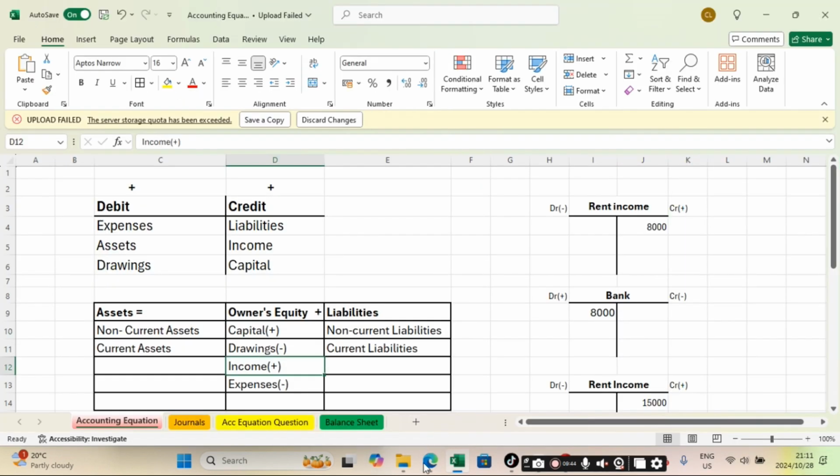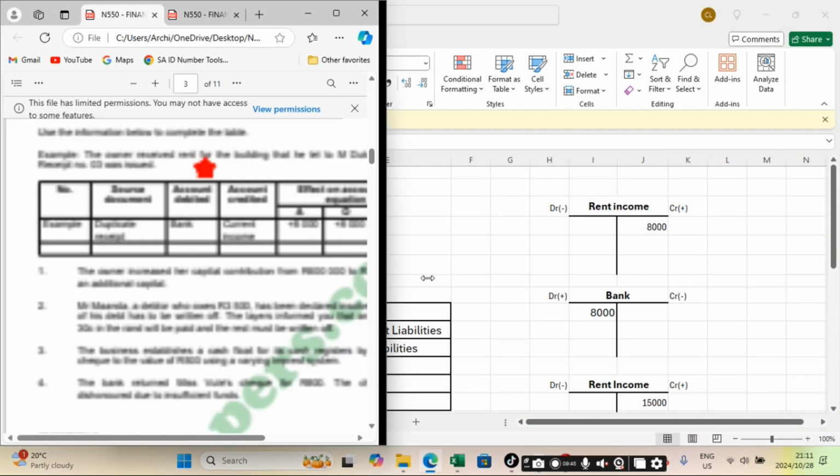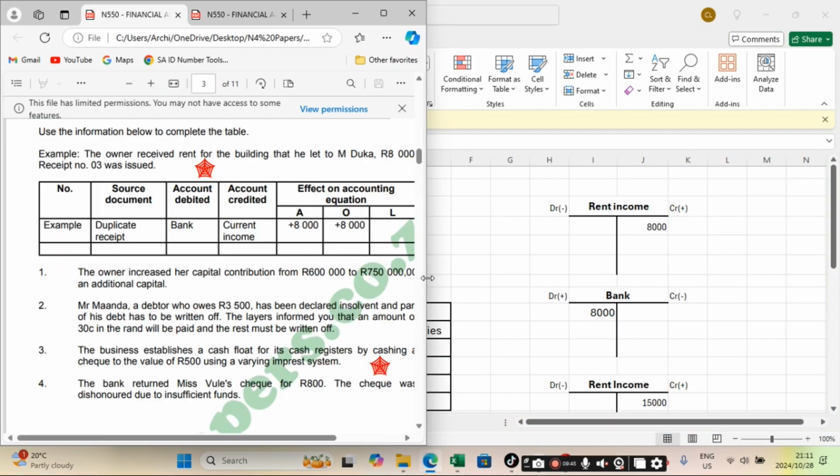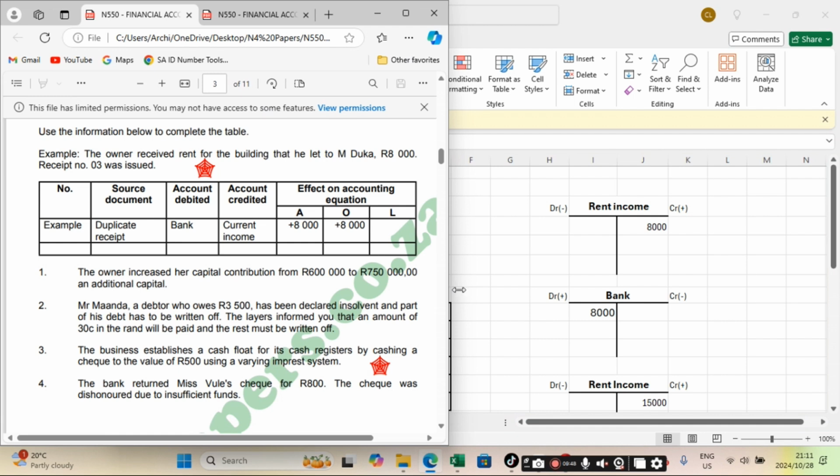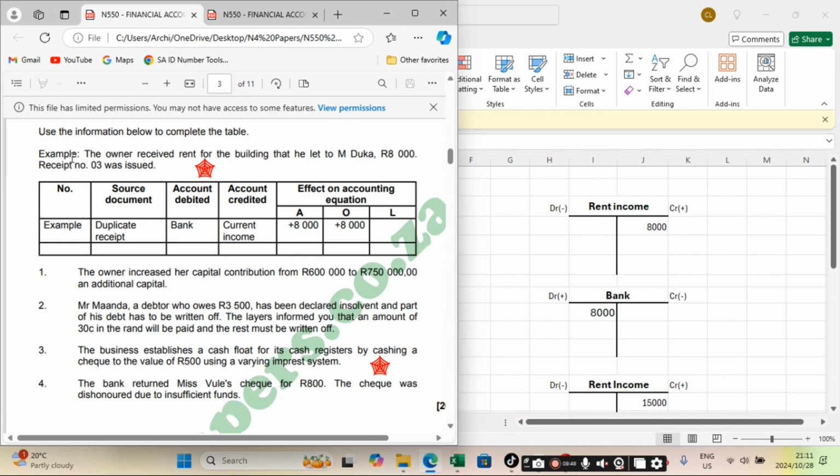Let's just say, yes, this is fine. So the owner's equity increases by 150,000. The owner increased the capital by 150,000. Okay, fine. So we need to know which journal this transaction is going to affect.